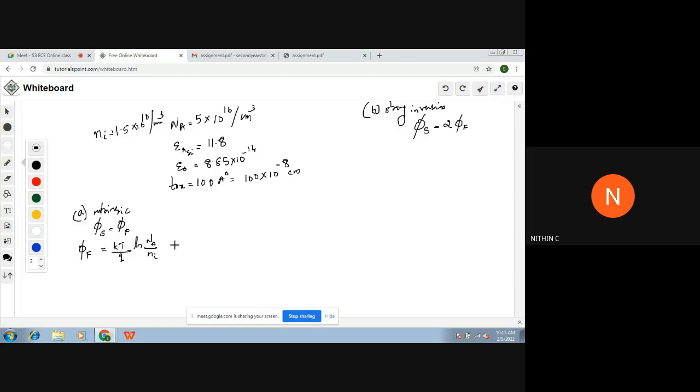We have done this many times. 5 into 10 raised to 16 comes here. Kt by q is 0.026. You can do that quickly.